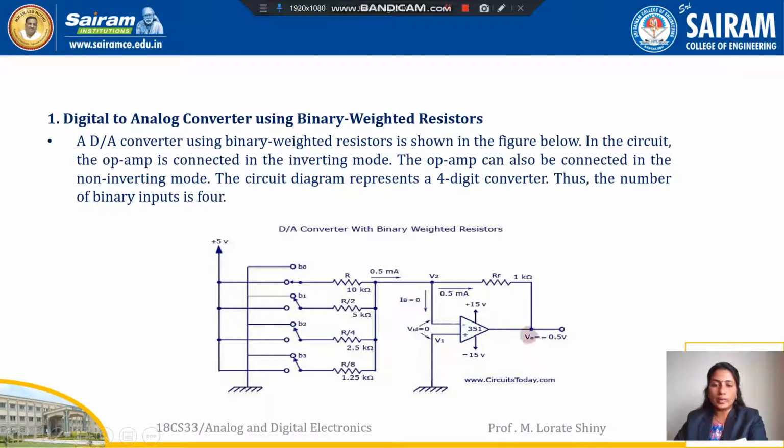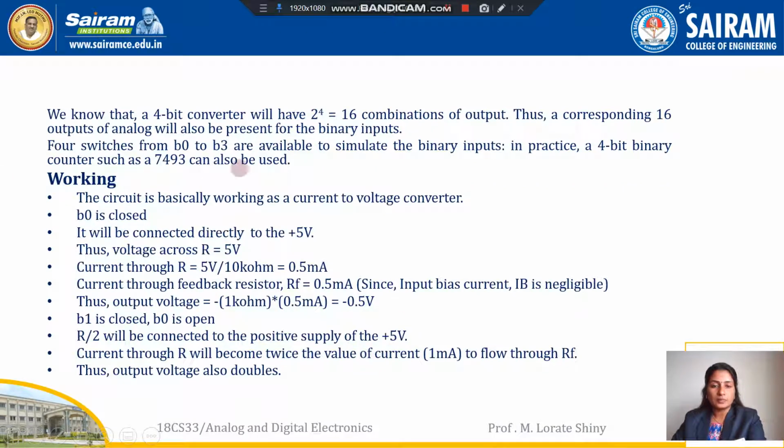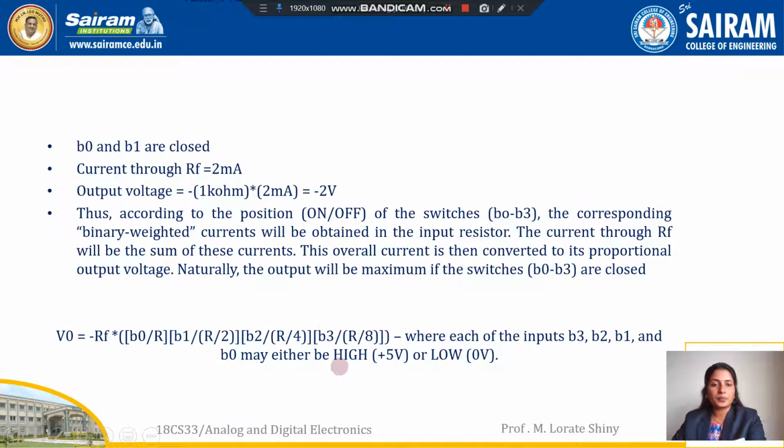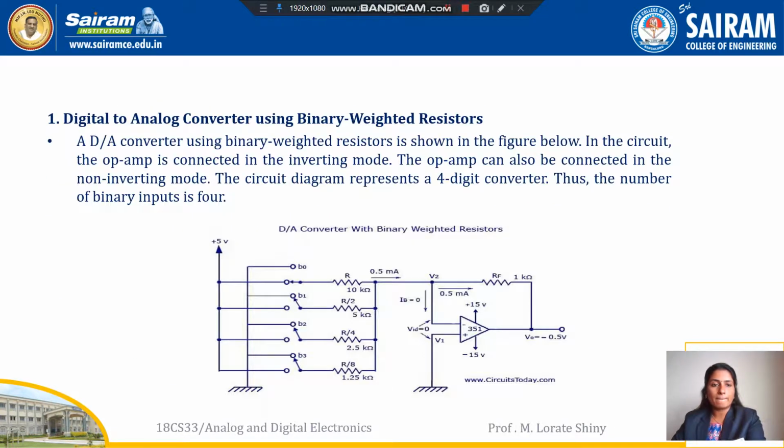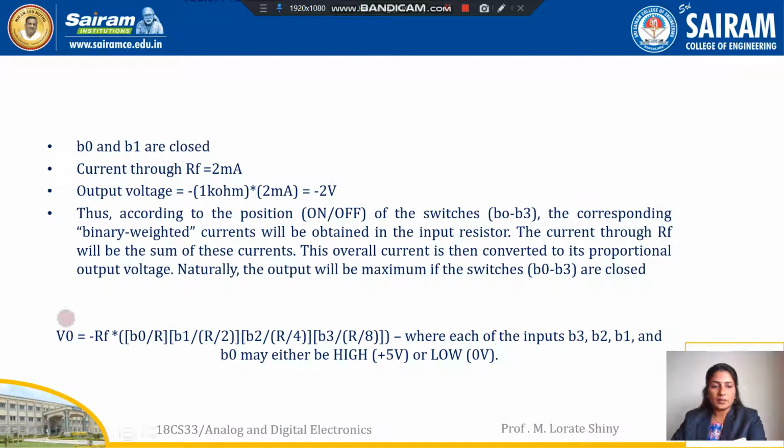The final output will be calculated by adding all the currents, the total current. The formulas are all given here. So this is the final formula. The total output is equal to minus RF into B0 by R plus B1 by R by 2 plus B2 by R by 4 plus B3 by R by 8.